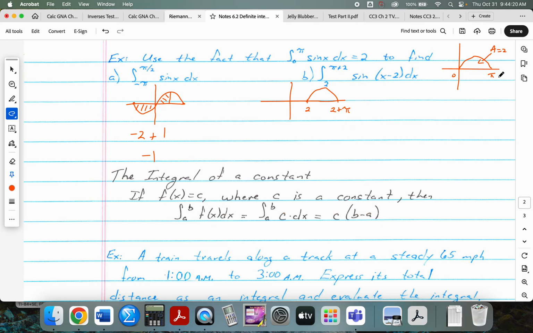So instead of going from 0 to pi, it's going to go from 2 to 2 plus pi. Well, that's exactly what they asked us to find, the integral from 2 to pi plus 2. So that's just 2. All right?